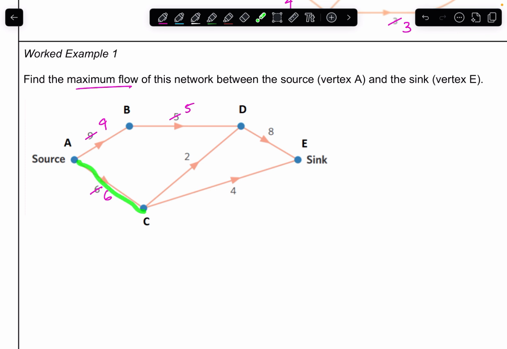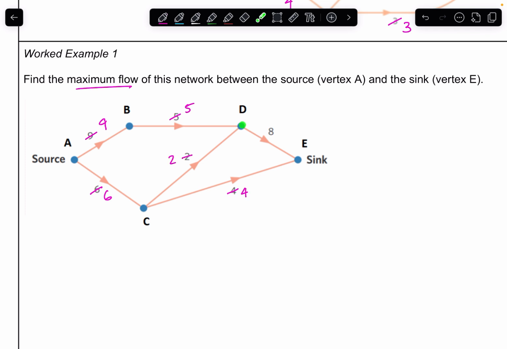If I've got 6 coming this way, I can only have 4 coming out, but I have 2 left over, so it can go this way. So my maximum inflow is 6, and I've got an outflow of 2 and 4, which gives me 6. So I've got 4 coming through here, 2 coming through here.